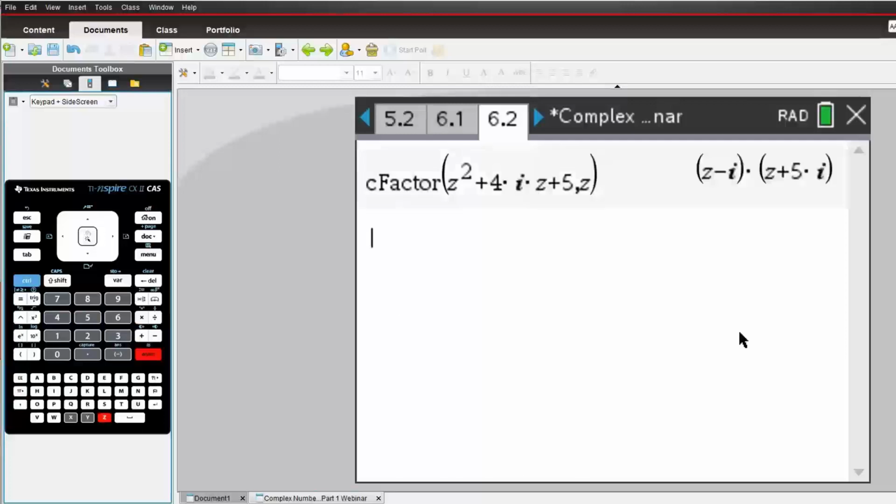So enter, and we have this quadratic factorized. Again, remember that our quadratic has a complex coefficient. So as we see, we have two roots, z is i and z is minus 5i, and they are not complex conjugates of each other because the coefficients are not real.